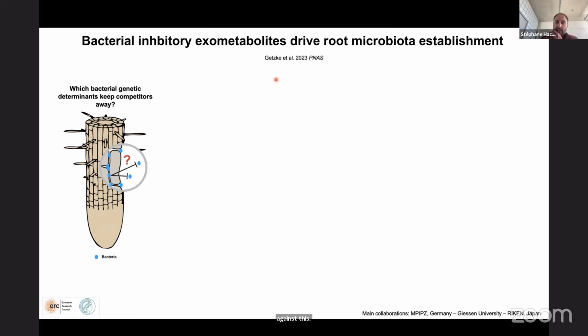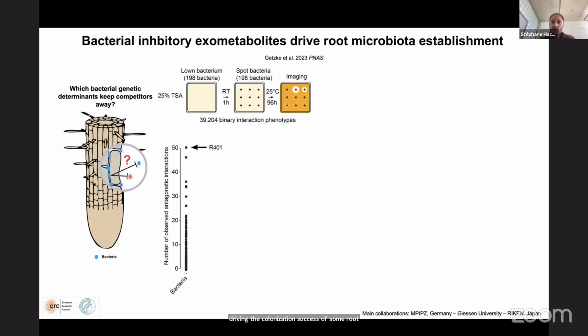But in this work that I show you here, we ask whether there are bacterial genetic determinants that are important for keeping the competitors away at roots and thereby driving the colonization success of some root microbiota members. So to do that, we did a very comprehensive screening using this modified Burkholder assay.